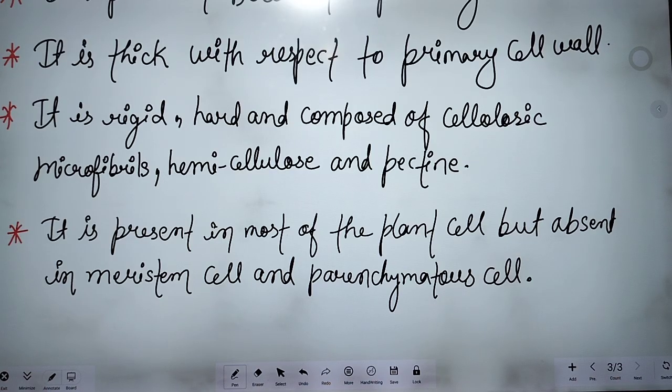That's why it is absent in meristem cells. So this is about the secondary cell wall. I hope you understand about the secondary cell wall.